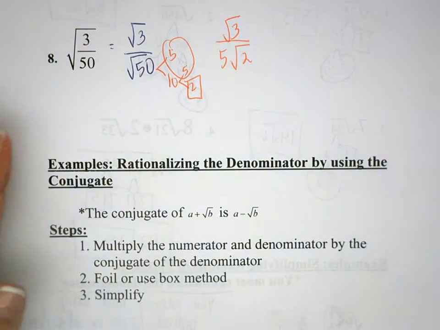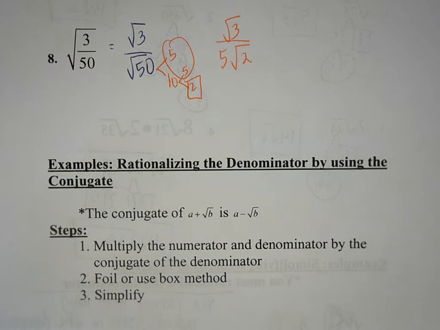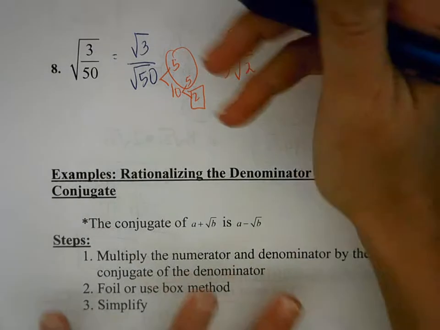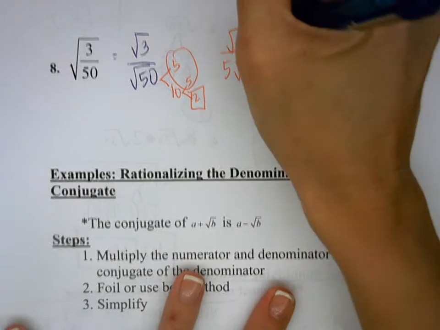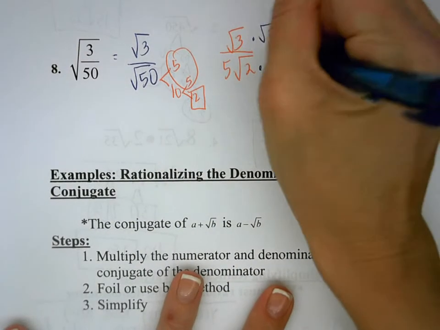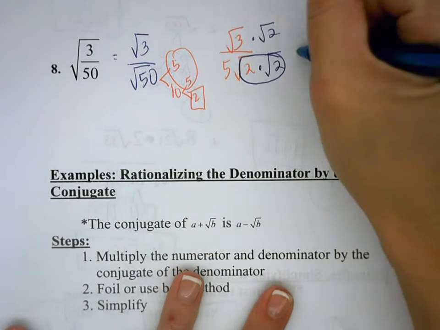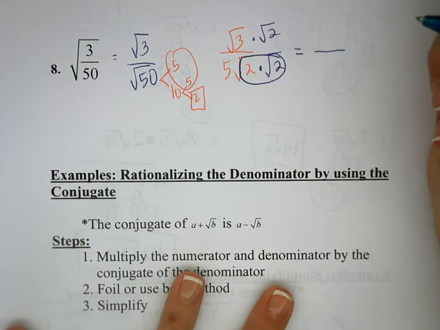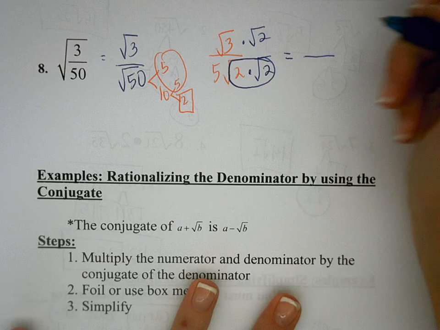Is this answer okay? No, because we can't have a root in the denominator. Good. And the only way to get rid of it is called doing what? Rationalizing the denominator. So we're multiplying by root 2 to both the top and the bottom. That makes a pair of 2s, and I already have a 5, so we end up getting 10.